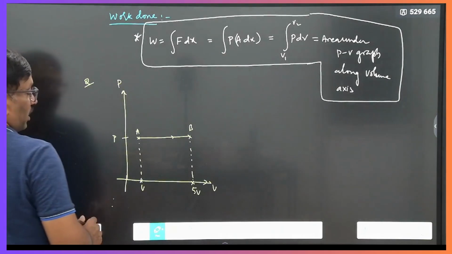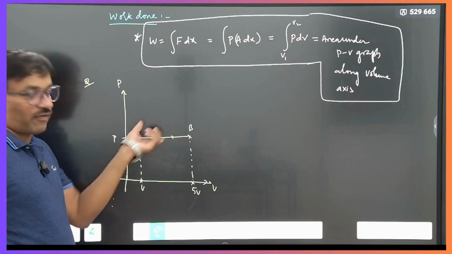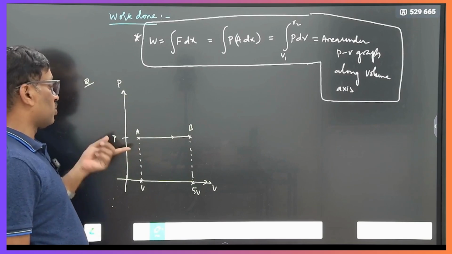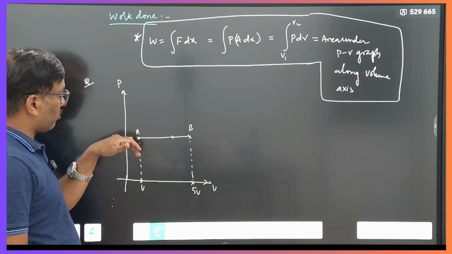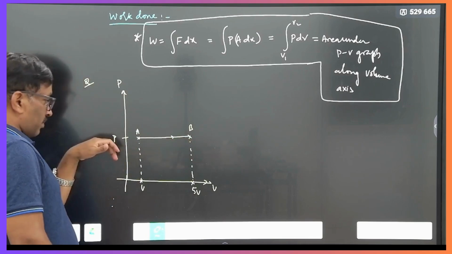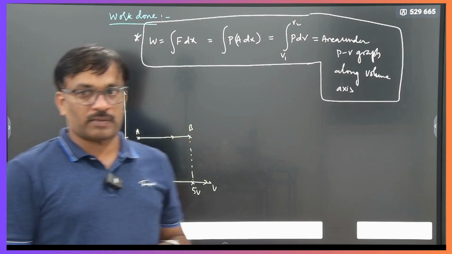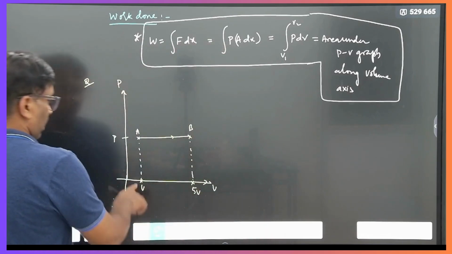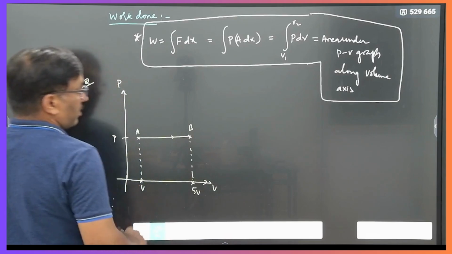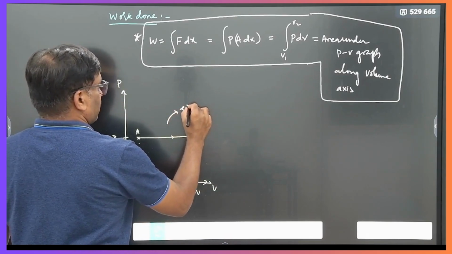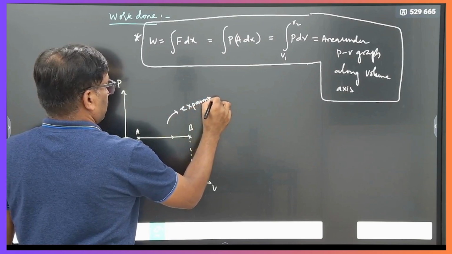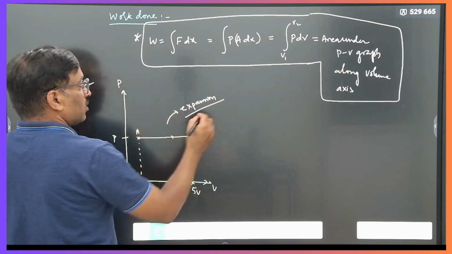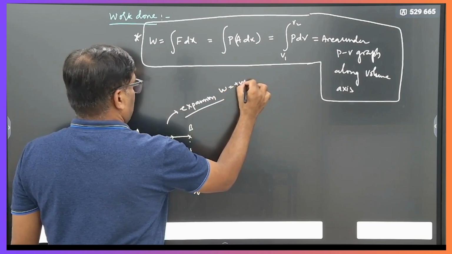First of all, by seeing this PV graph, you should understand what is happening. From A to B the pressure is constant, so that is an isobaric process. It is expanding, from volume V to 5V. When an expansion is there, work done is positive. Keep in mind.